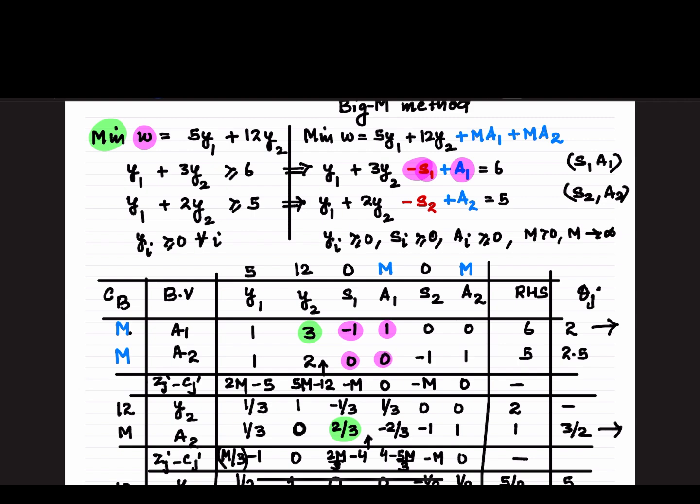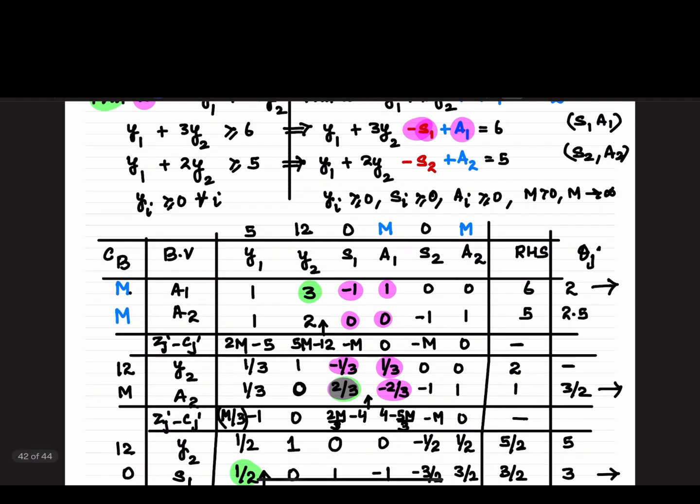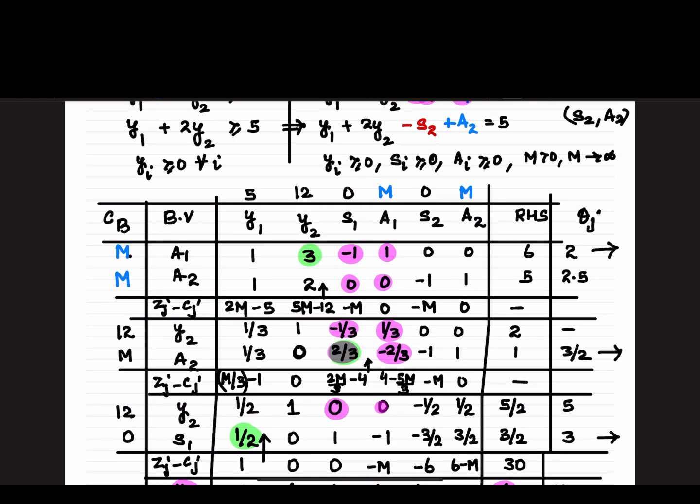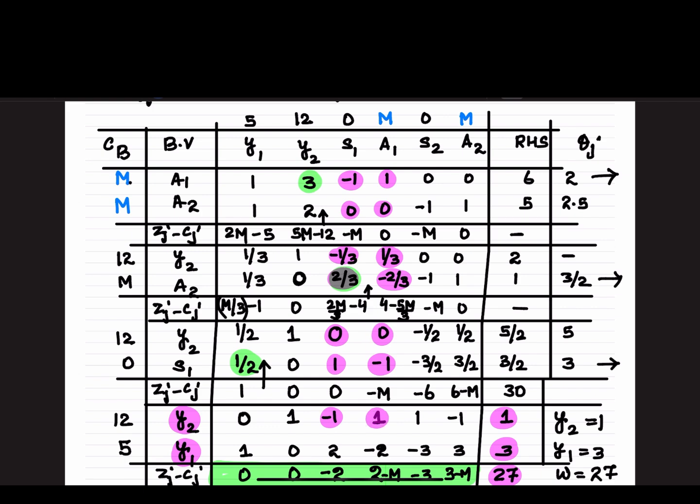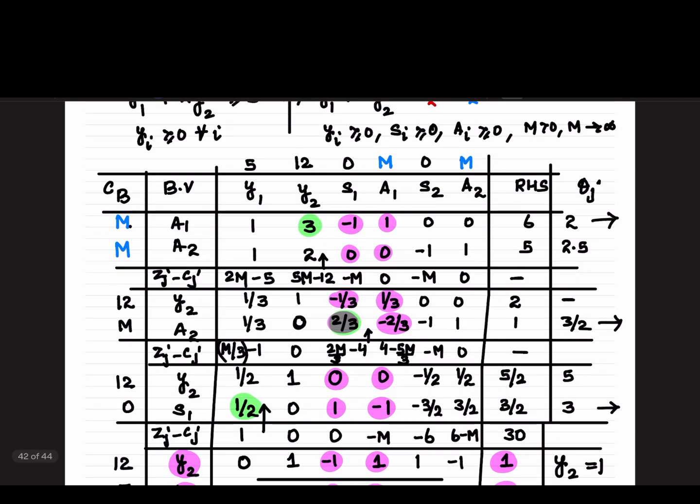So this can also be termed as opposites in sign. 0's negative is still 0. -1/3, so this is 1/3. This is 2/3, so this is -2/3. This is 0, so this is 0. This is 1, so this is -1. This is -1, so this is 1. This is 2, so this is -2. So the columns of S1 and A1 would be opposite in sign. Whatever the values, they will be opposite in sign. Okay.